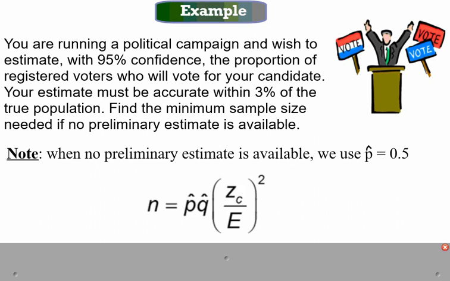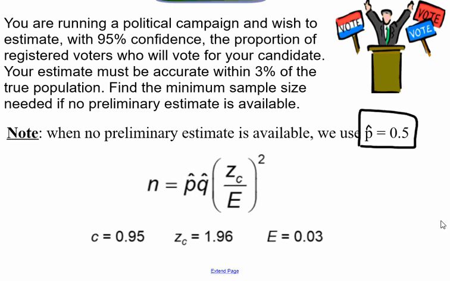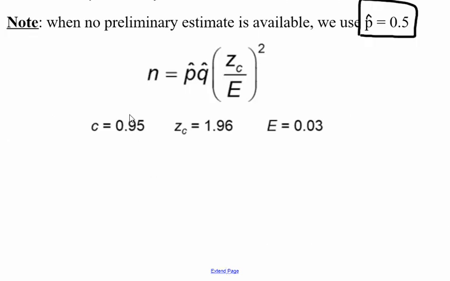Well, if you don't have an idea, then the best thing that you can do is estimate that the success rate is 50%. That's what we do. So the sample size formula I'm going to run, what we derived a second ago, is given right there. And I just enter everything as I know. For a 95% confidence interval, z critical is going to be 1.96. I want margin of error to be 3%.